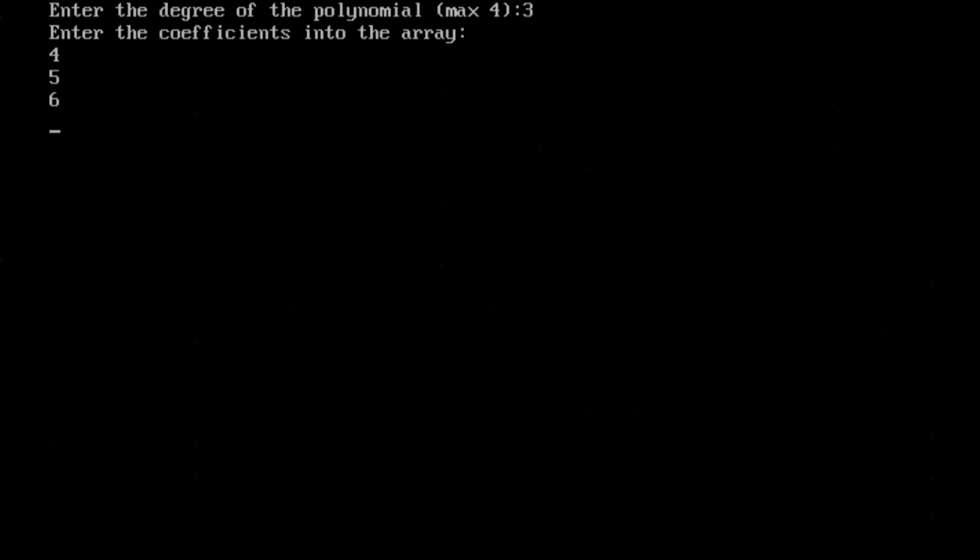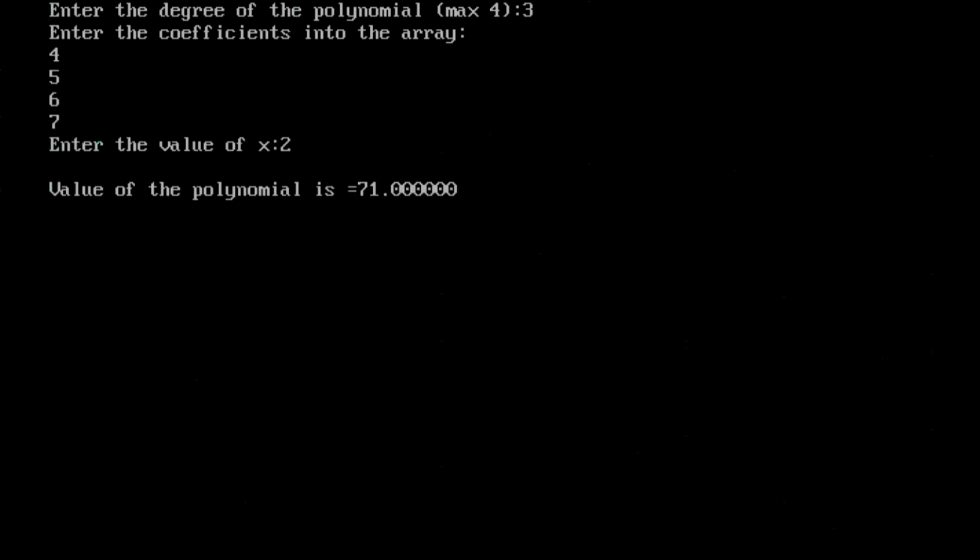Enter the value of x as 2, so the polynomial is 71. Basically you have a0, a1 of 5, and a2 of 6 into x square, 7 into x cube is the value.